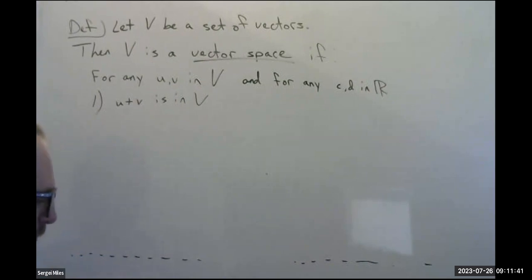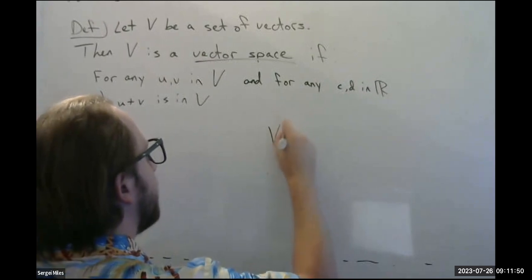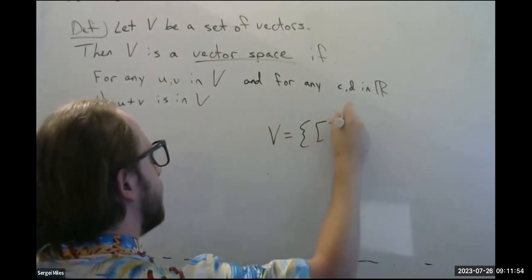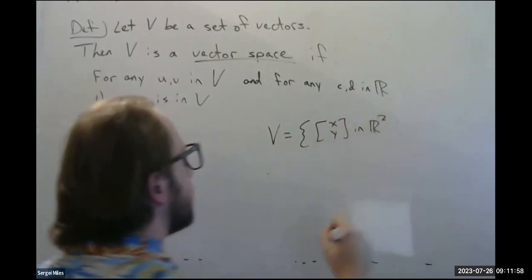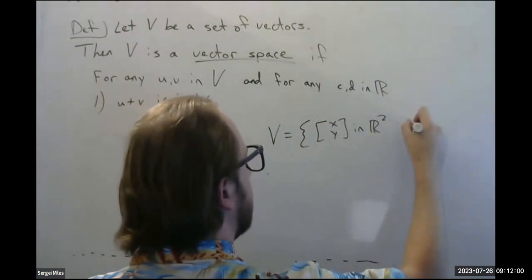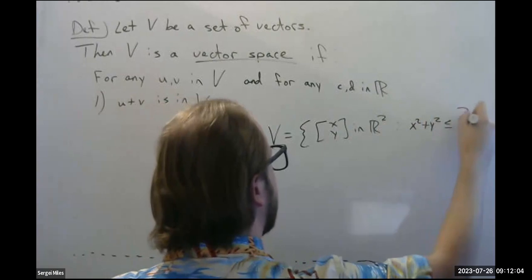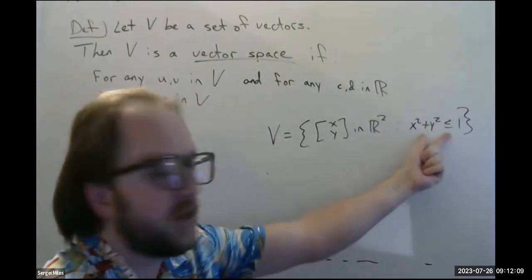There are some weird examples of things where it's not a vector space. For example, you could imagine, what if I say V is the set of vectors in R2 such that x squared plus y squared is less than or equal to 1, right? What does this mean? Well, you might be familiar with this equation.